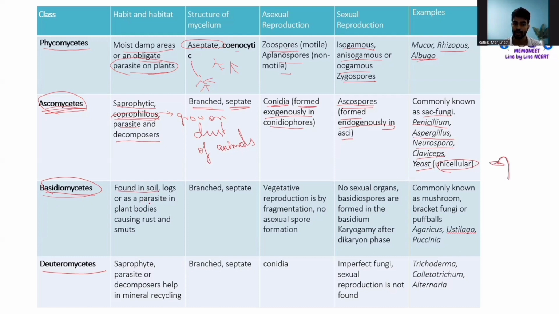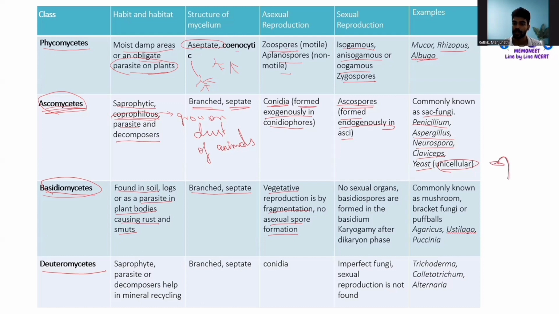They also show parasitism on the plant body, causing rust and smut. What is the structure of the mycelium? It is branched and septate. They show vegetative reproduction by fragmentation, and no asexual spore formation is observed here.